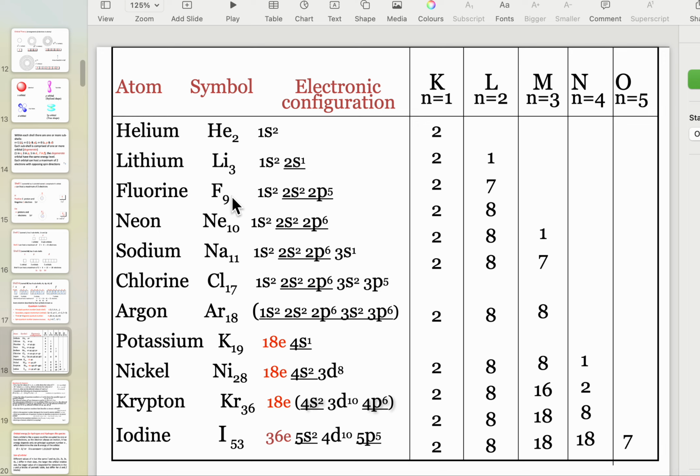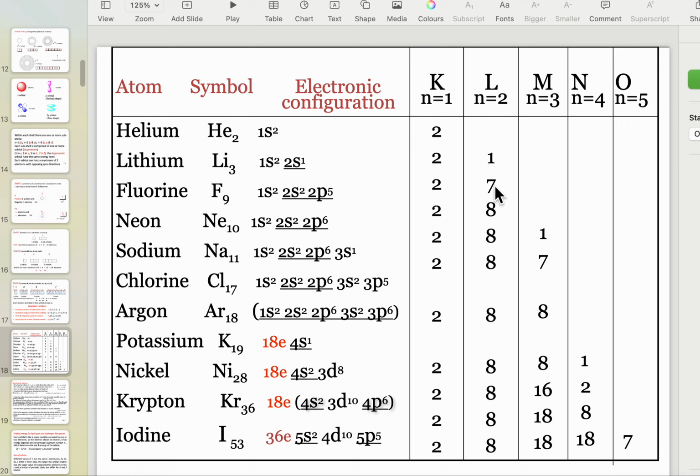So the 9 electrons are distributed inside shell number 1 and shell number 2. The 2s2 and 2p5 mean n equals 2, so it is these 7 electrons occupying shell number 2.